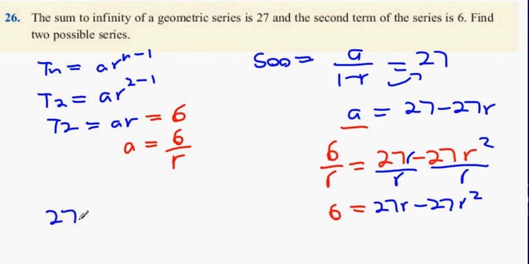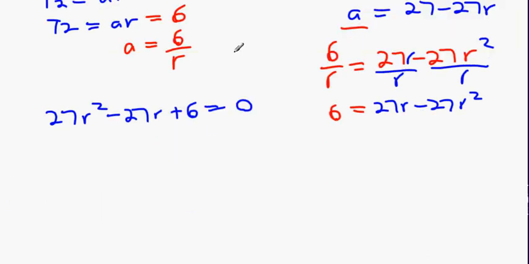Move it over to your side. 27r squared minus 27r plus 6 equals 0. Okay, so the try here is probably the minus b formula. A equals 27, b equals minus 27, c equals 6.